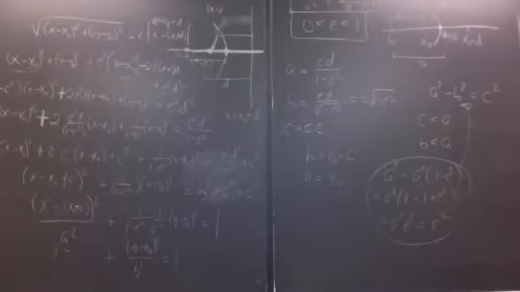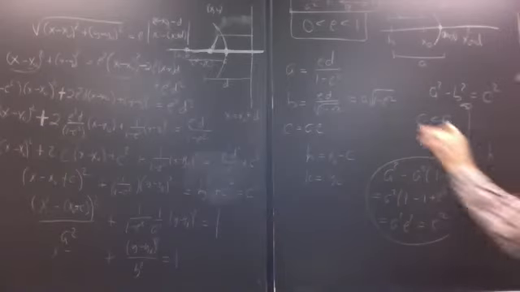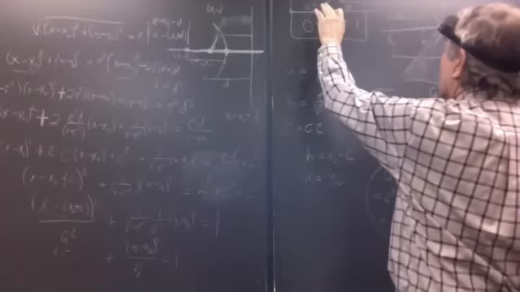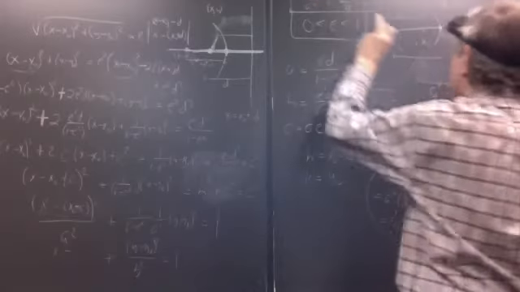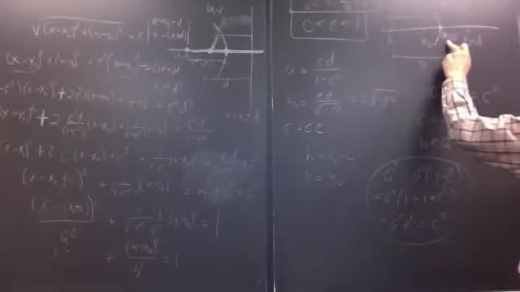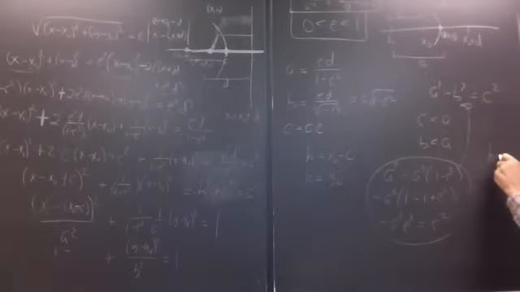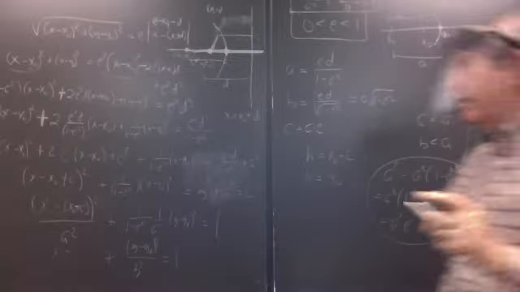Now, we can also show that if I would take h, and what I did here a second ago is we took h plus a. Now suppose I take h minus a. Where is h minus a?